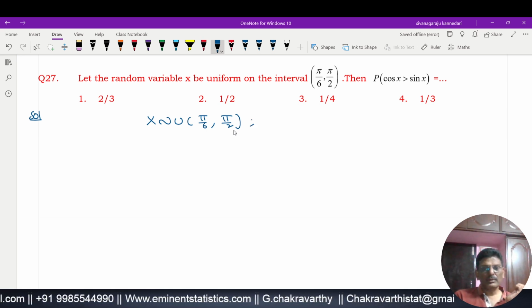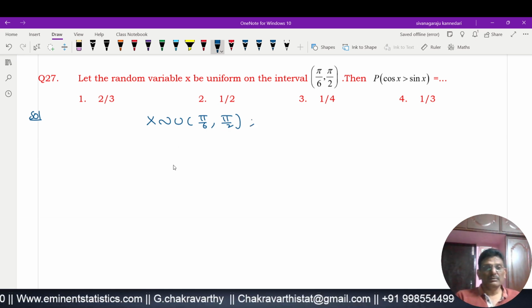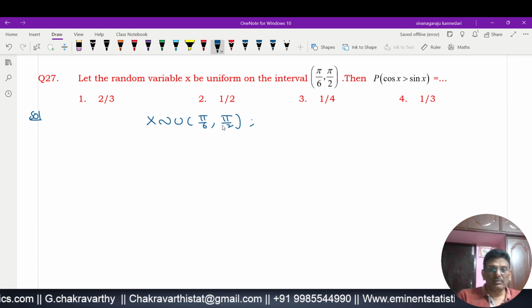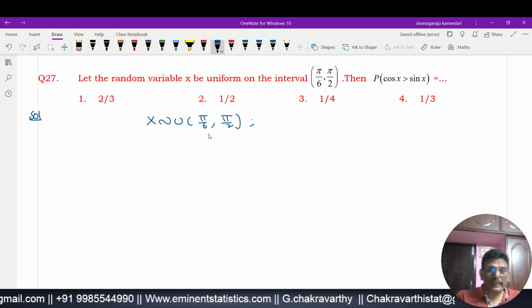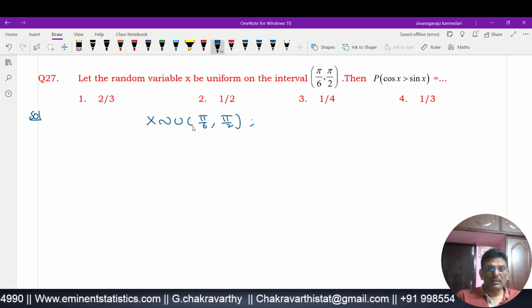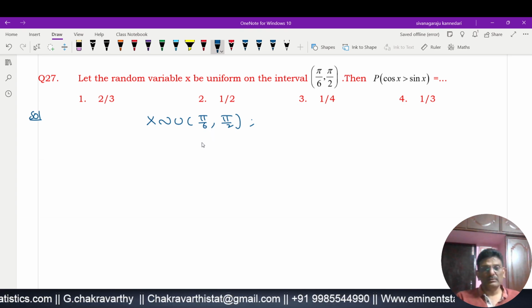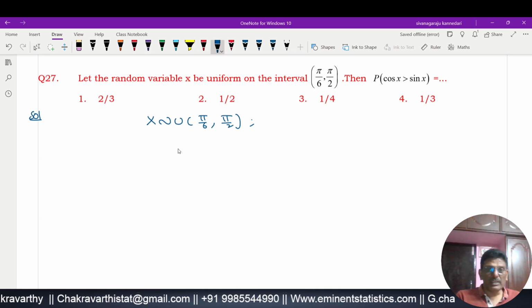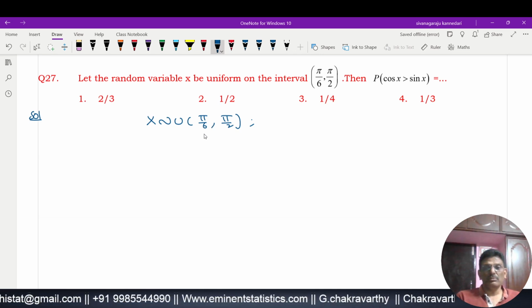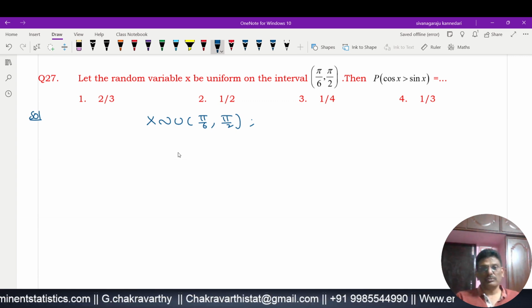Now x falls in this interval, but this interval is a subset of 0 to pi by 2, the first quadrant. In the first quadrant, all trigonometric ratios are positive. In this interval also, the given trigonometric ratios are positive.